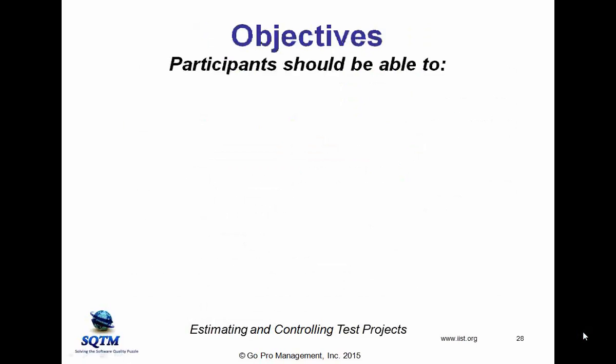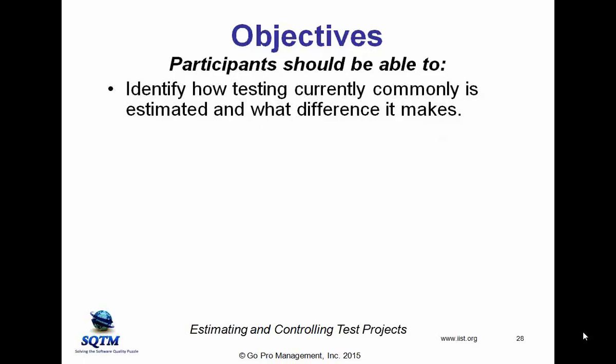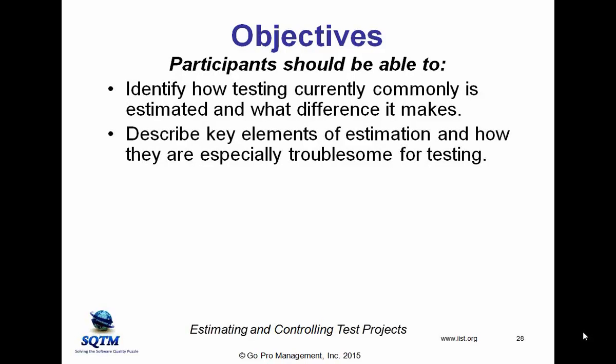So hopefully you've seen some ideas on how things are currently done, and possibly understanding why some of your current methods might be leading to results that you don't like. Helping you see the key elements of estimation.